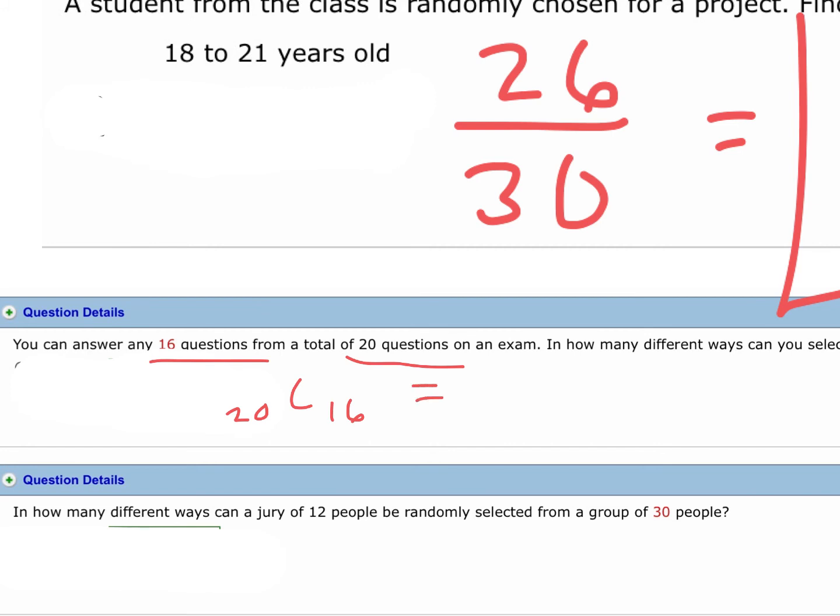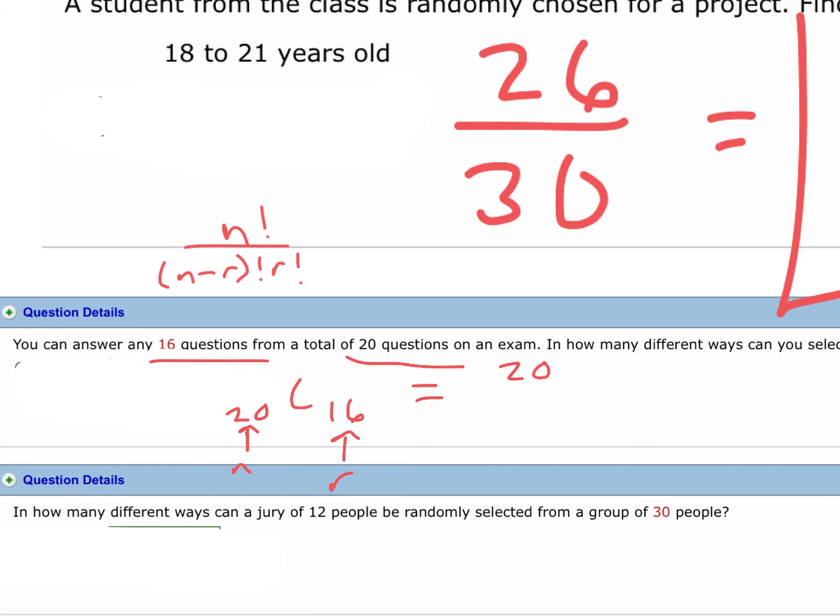So our combination formula is n factorial over n minus r factorial times r factorial. Remember, the first one's always your n, second one's always your r, because n comes before r in the alphabet.